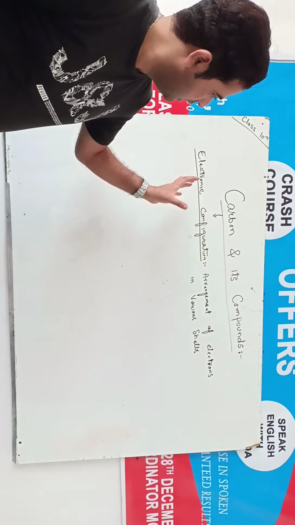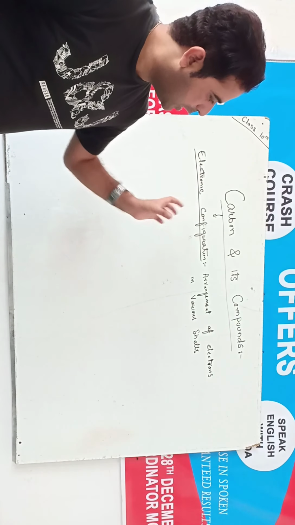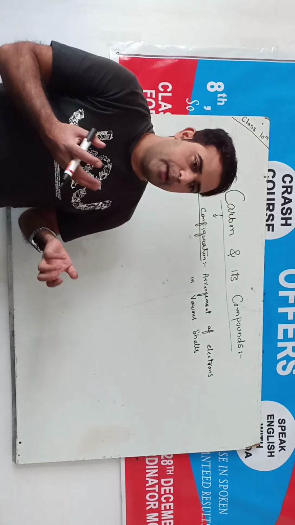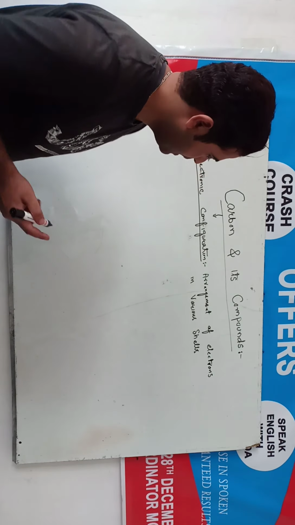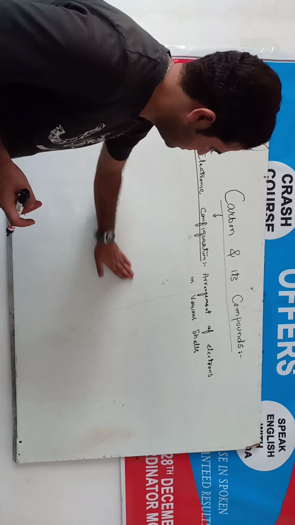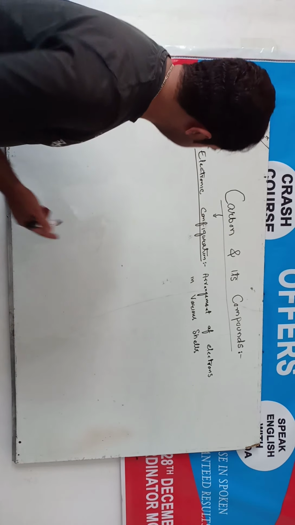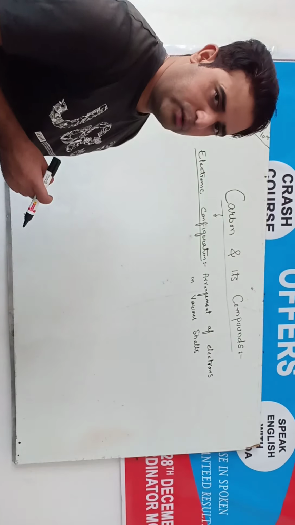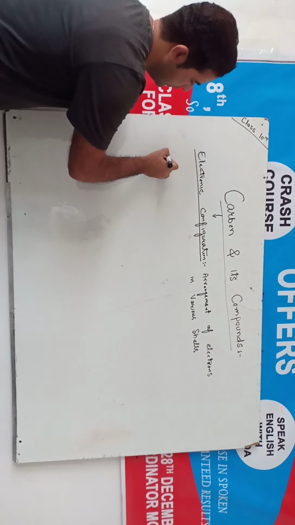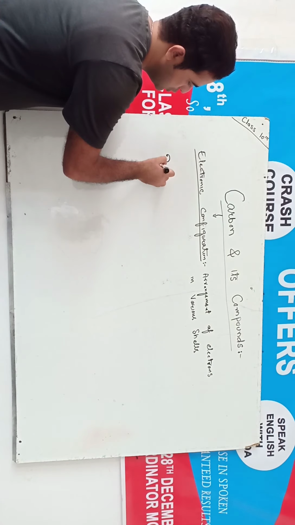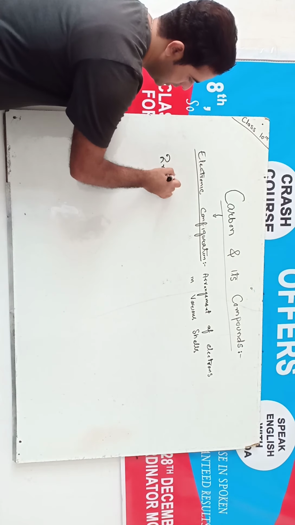Now, in electronic configuration, what is the number of electrons a particular shell can accommodate? This is governed by the Bohr-Bury rule or Bohr-Bury scheme. The Bohr-Bury rule is 2n square.